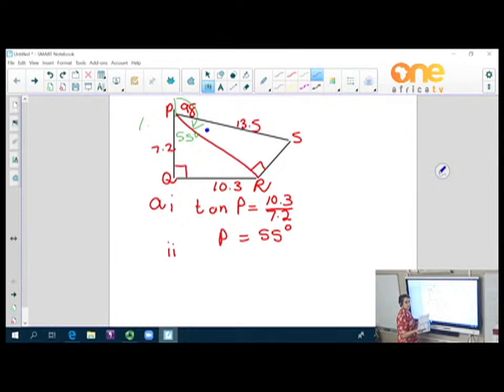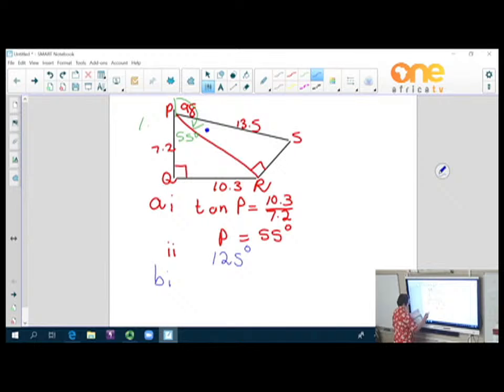So it's 180 minus 98 minus 55, and that will give you the answer. On the other hand, we can just subtract this 55 degrees also. Perhaps that's easier, and it is then 125 degrees, that bearing there.